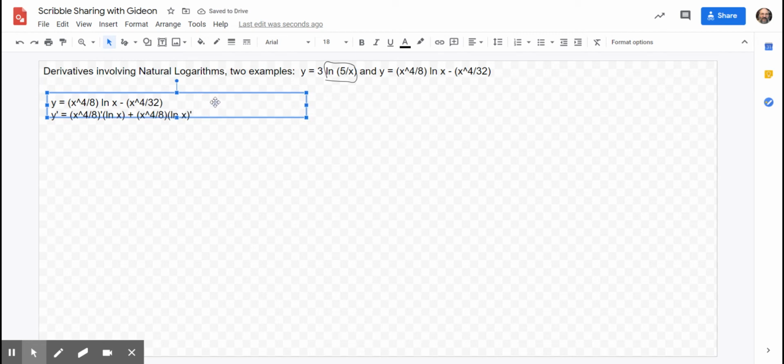And of course, we're not done there. We have a subtraction term, right? So we're going to subtract, and that's just a simple polynomial. So it's just going to be x to the power 4 over 32, and then derivative, right? I applied the derivative to both terms above. Since the first term is a product, I have to apply the product rule.